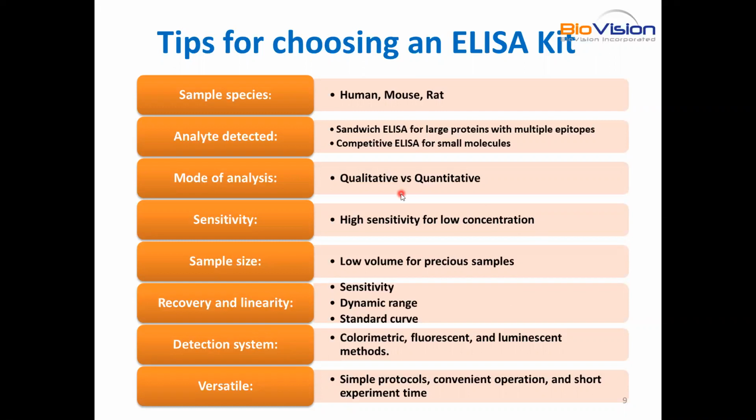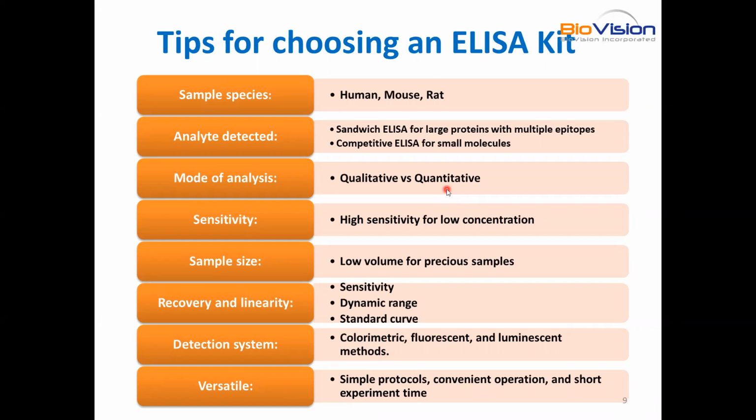Next parameter is the mode of analysis. So ELISA is a tool that can be used for both qualitative and quantitative analysis. What does it mean? So qualitative ELISA provides only a simple result, that is a positive or negative result in the sample. So it only gives the information whether the target protein is present in the sample or not.